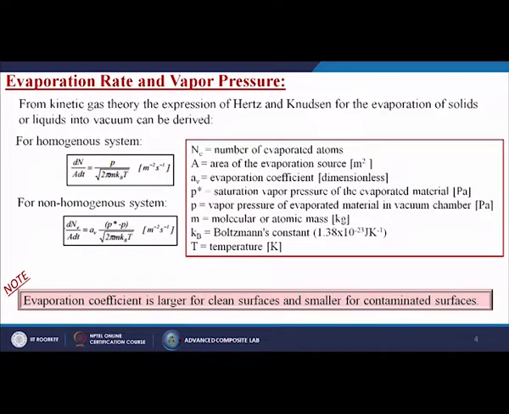If we know all these values, we can easily calculate the evaporation rate and vapor pressure for the homogeneous and the non-homogeneous medium.